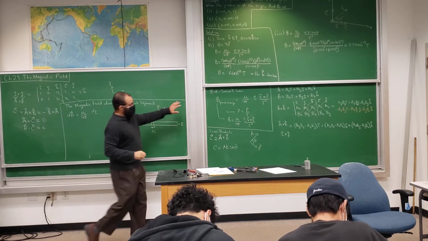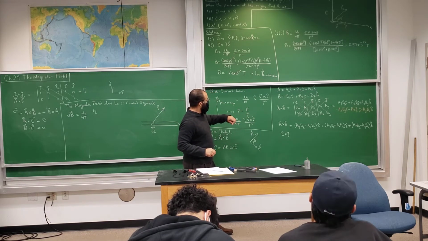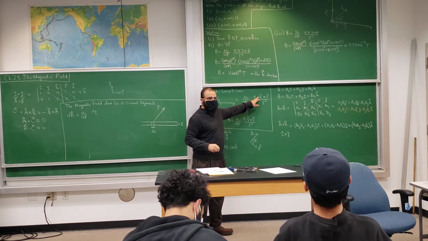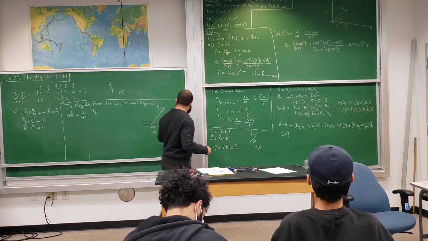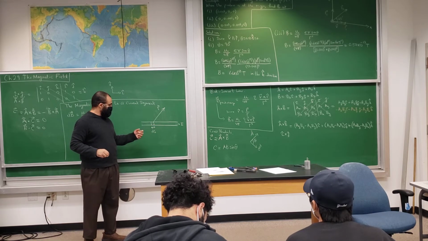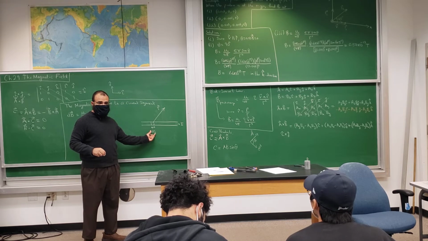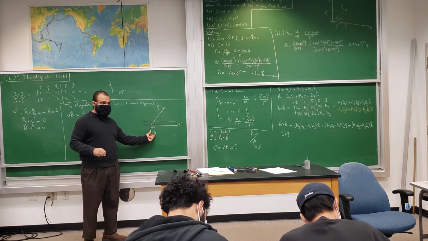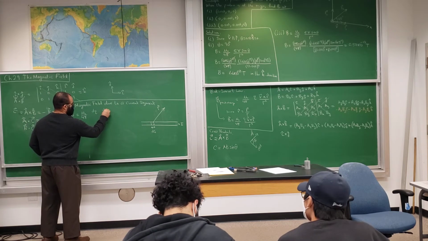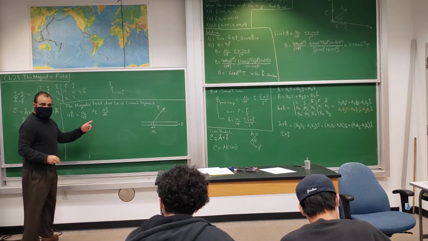Now the velocity: if something is moving in the x direction, the velocity is dx dt. We don't have to be in the x direction, so I'm going to call it ds dt. Again, that's the velocity.